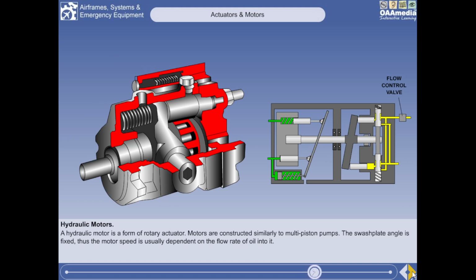The construction of a hydraulic motor is generally similar to the construction of a multi-piston pump, with the pressure which is being fed into the pistons being used to rotate them around the swash plate. However, the swash plate angle is usually fixed. Therefore, the speed of a hydraulic motor is usually dependent on the flow rate of oil into it.